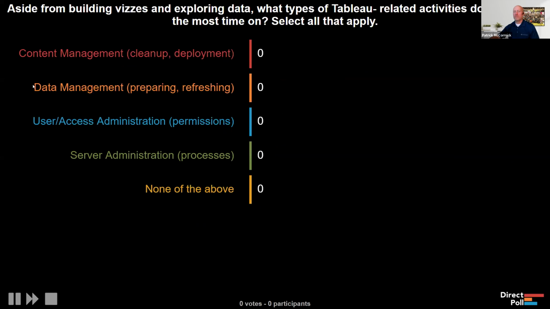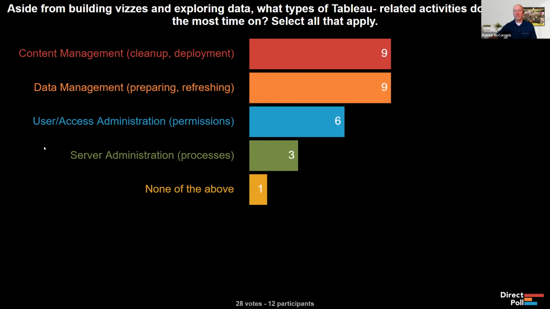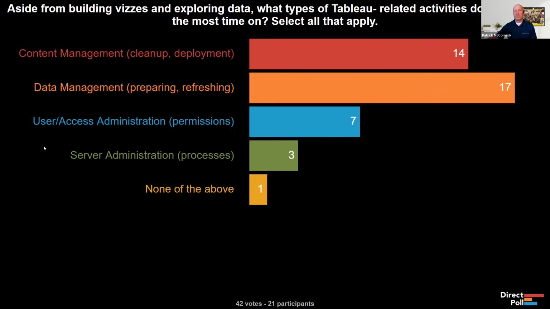This is great. Aside from building vizzes and exploring data, what types of Tableau related activities do you spend the most time on? And this is also a multi-select. So do you spend it on content management, which is like cleaning up maybe the content that's out there, publishing new stuff out there, data management, where you are preparing a data set or really focused on those extract refreshes, user access administration, so creating groups and permissioning them to folders, or however you do your permissions in Tableau Server.